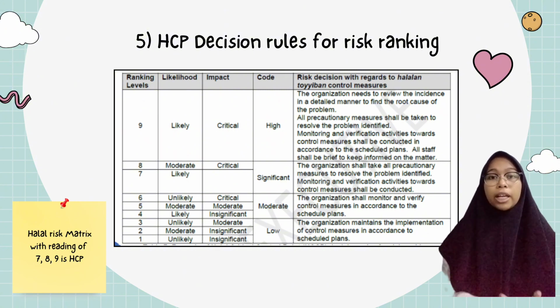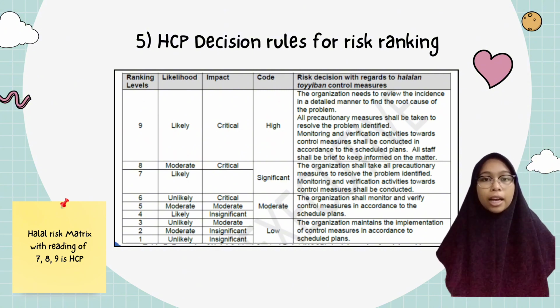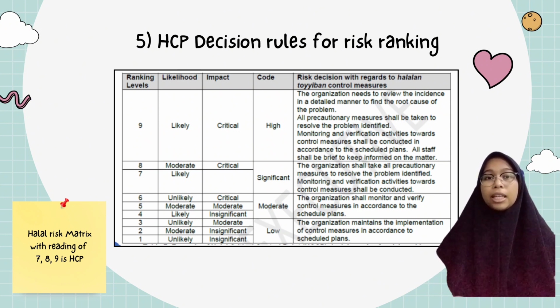As we know, if the ranking levels are 7, 8, and 9, they will be classified as a halal control point. For example, in this table, we can see if we pair a likelihood of likely and impact of critical, we will get the ranking level 9.